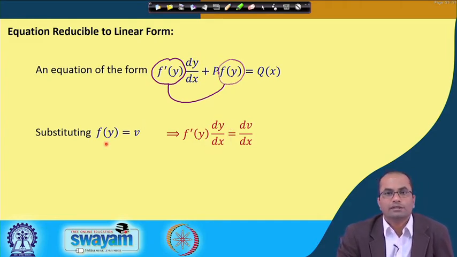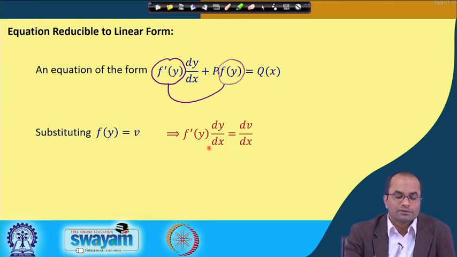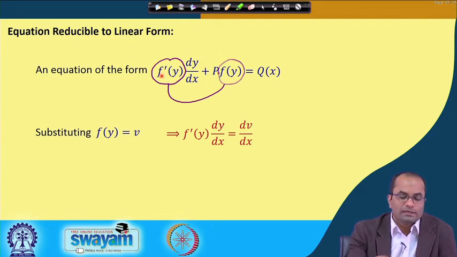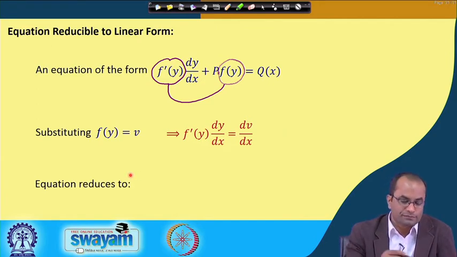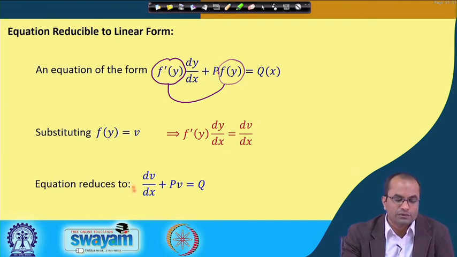Now we can substitute: f prime dy over dx becomes dv over dx. So, this term is dv over dx, then we have p and f of y is v, and it is equal to q of x.